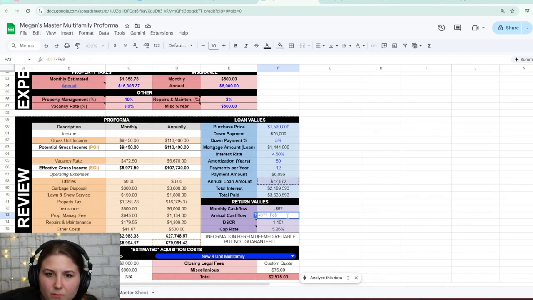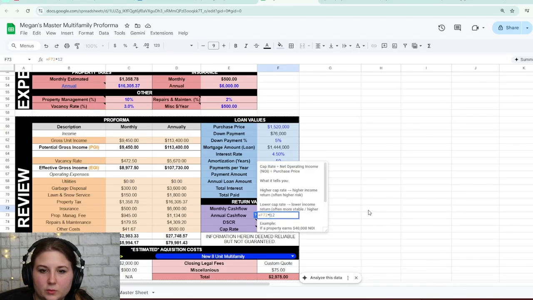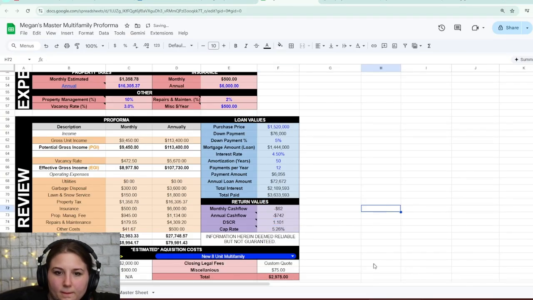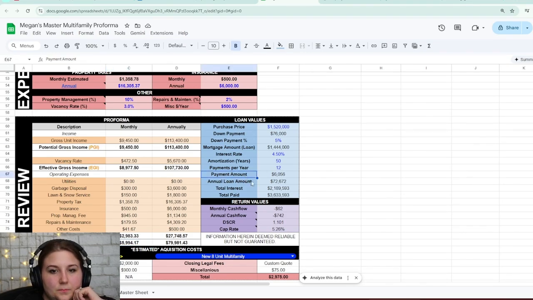Fuck. What is with my sheet? That isn't right. Should be that times 12. Good thing I get to work out these kinks with you guys. Okay, this doesn't make sense to me. Your NOI, which does not include your debt service, is $6,000. 80 grand.